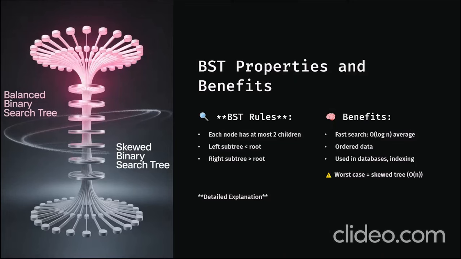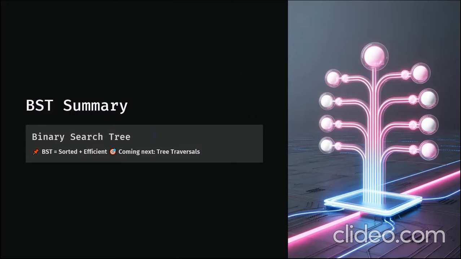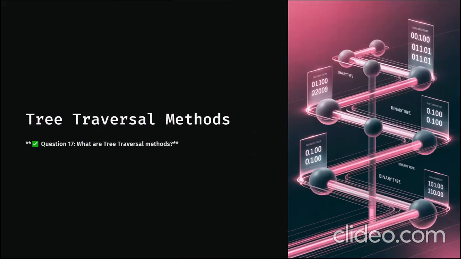Each node has at most 2 children. Left subtree is less than root, right subtree is greater than root. Benefits: fast search, ordered data, used in databases and indexing. Right? You can also note down the worst case is a skewed tree, in big O notation. Right? Now, let's move to the next question.